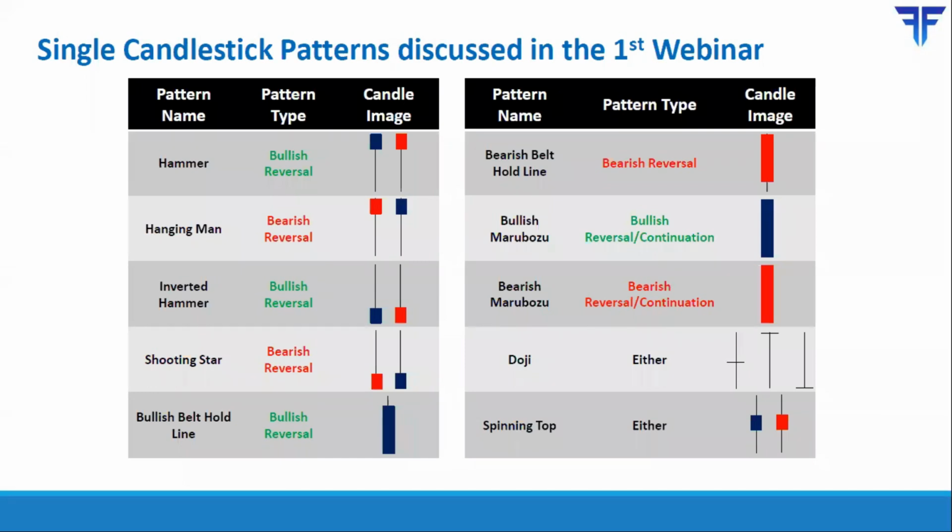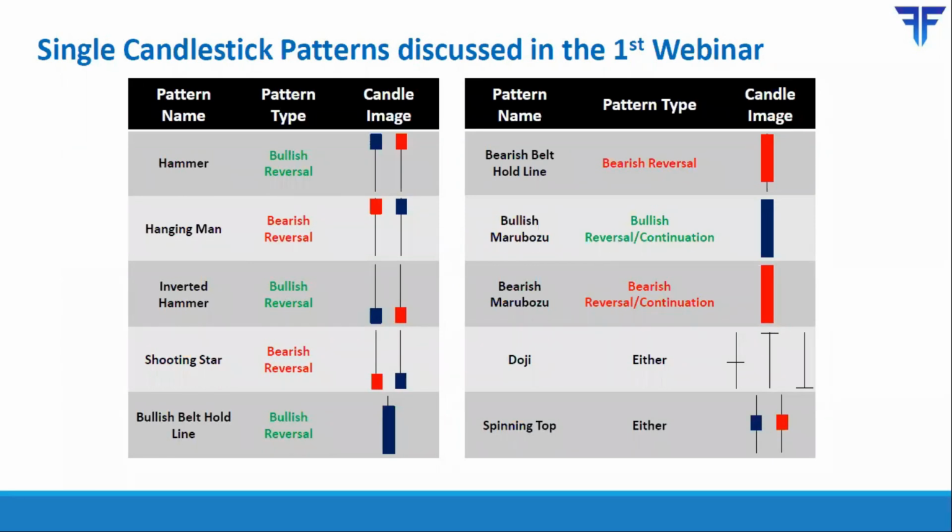In the first webinar, we discussed the application of single candlestick patterns. The patterns that we covered a couple of weeks back included hammer and hanging man line, inverted hammer and shooting star, bullish and bearish belt hold line, bullish and bearish Marubozu, doji, and spinning top.